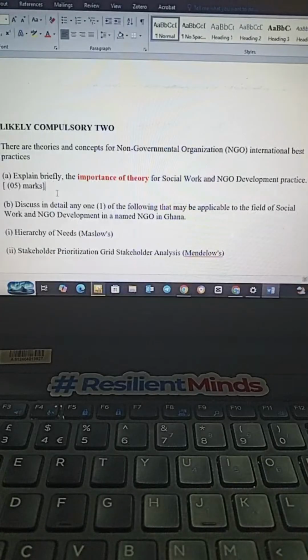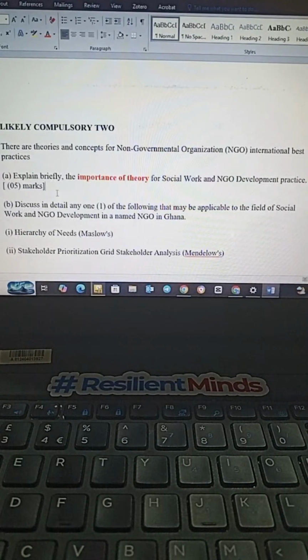Now we can also say that a theory helps predict outcomes. Yes, and that is very true. So one relevance of a theory is that it helps predict outcomes. When it comes to NGO development, theories allow NGOs to anticipate community reactions. Every community reacts in its own way.